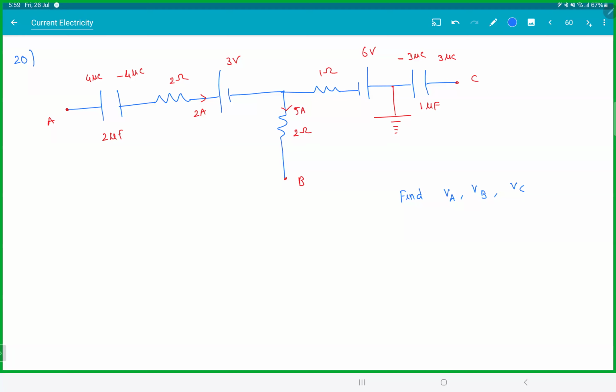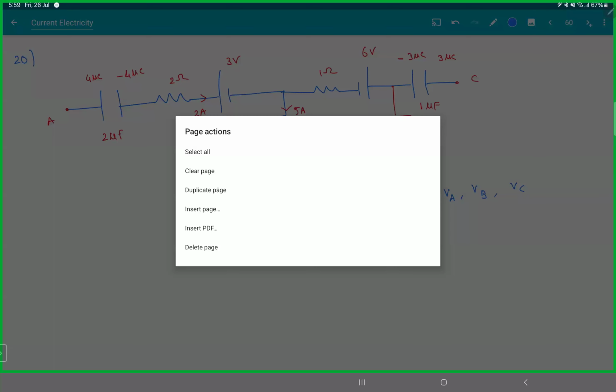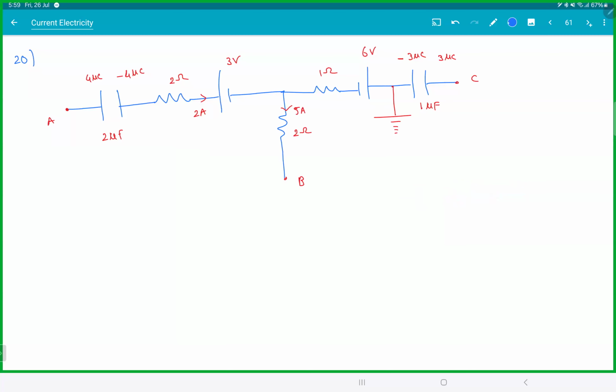Mm, 0, minus 19, 3. Okay, we have two answers, same: 0, minus 19, 3. First thing, because this is 5 ampere and this is 2 ampere, this should be 3 ampere, junction law.